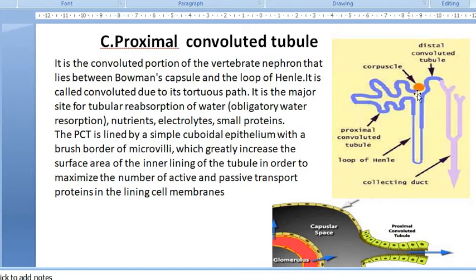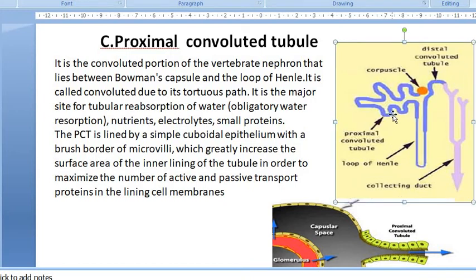After the Bowman's capsule, this zigzag part of the renal tubule is called the proximal convoluted tubule, which lies between the Bowman's capsule and the next part, that is the Henle's loop.